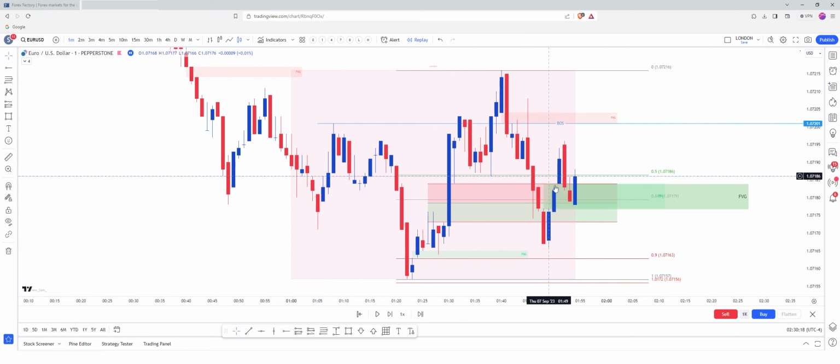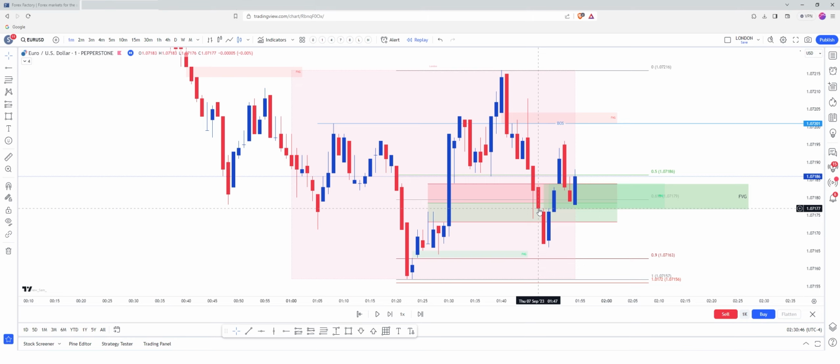so price has come up, it's now pulled back to optimal trade entry. It's respected the balanced price range, or it's cleared through it and then pulled straight back inside the balanced price range on this leg here, leaving a fair value gap, leaving a volume imbalance. So we've got a volume imbalance between this candle and this candle. So this void where there's no price action is a volume imbalance. Likewise, we have a volume imbalance on the bearish side as well.